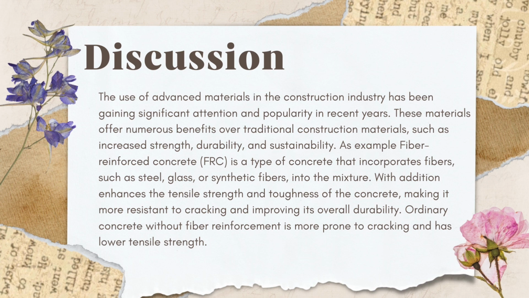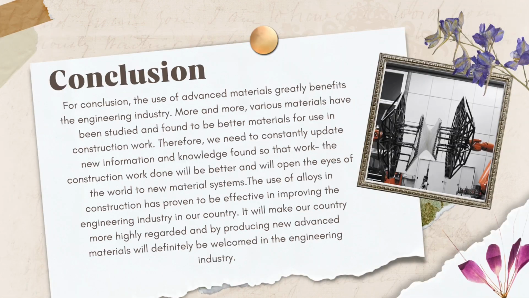As an example, fiber reinforced concrete (FRC) is a type of concrete that incorporates fibers such as steel, glass, or synthetic fibers into the mixture. The addition enhances the tensile strength and toughness of the concrete, making it more resistant to cracking and improving its overall durability. Ordinary concrete without fiber reinforcement is more prone to cracking and has lower tensile strength.